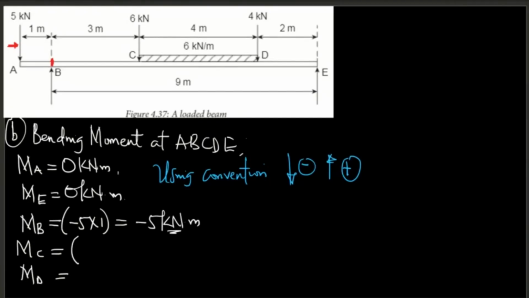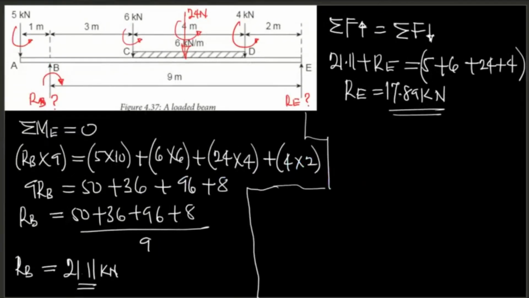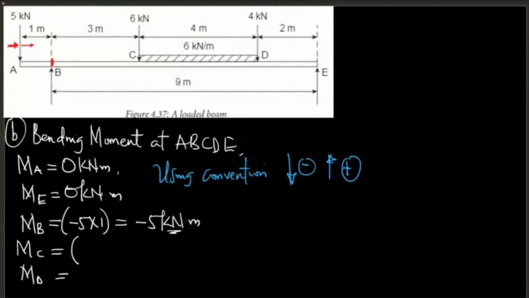Moment at C, I'm still going to be walking from the left to the right. It's still convenient for me. Between my left and that section there, there's a reaction at B. Let's just write it, 21.11 kilonewton acting there, and the reaction at E is 17.89 kilonewton.